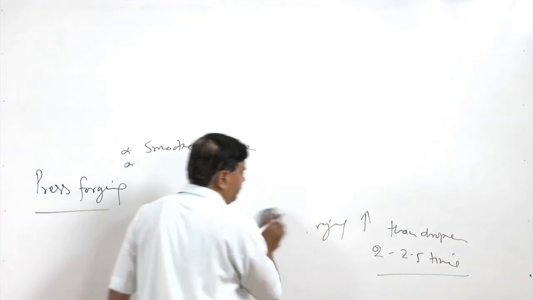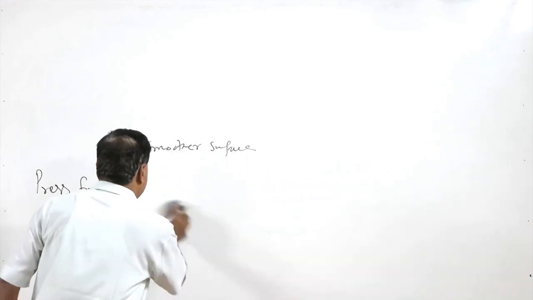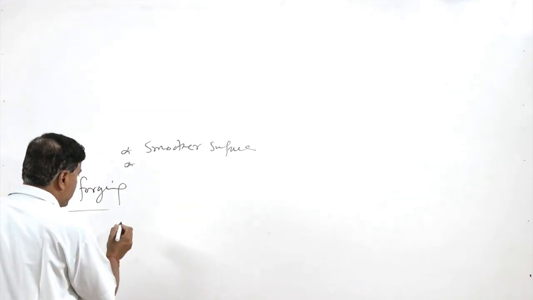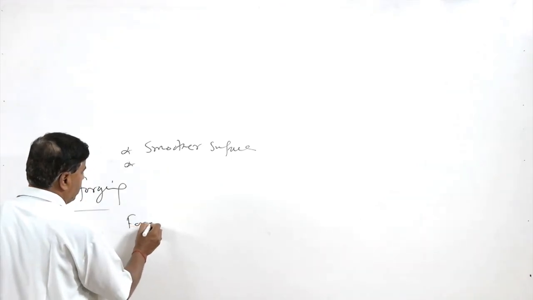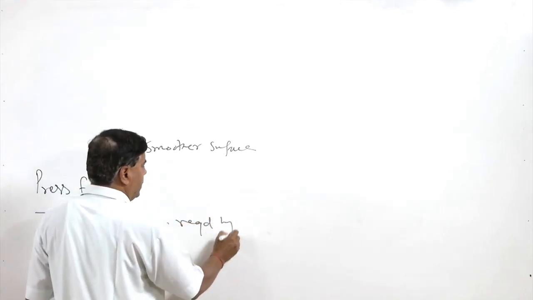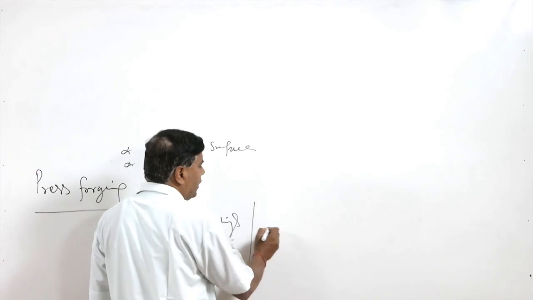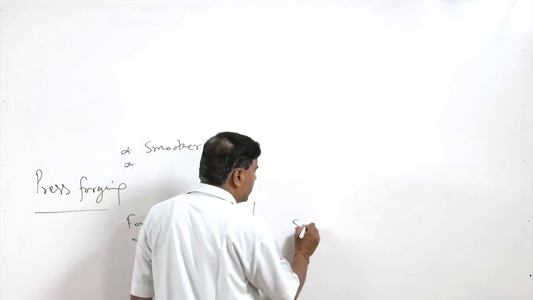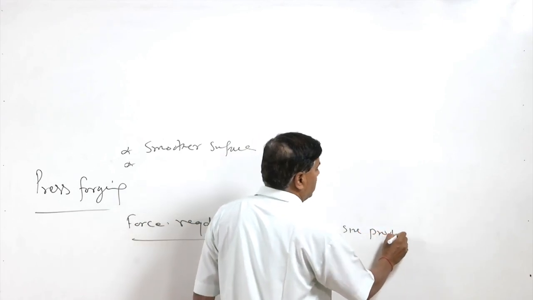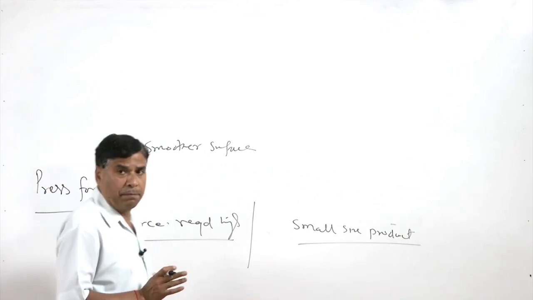Depending upon the size of the job, press forging is used. Since the force required is high for press forging, it is mostly used for small size products, because it is difficult to have presses of very large capacity.